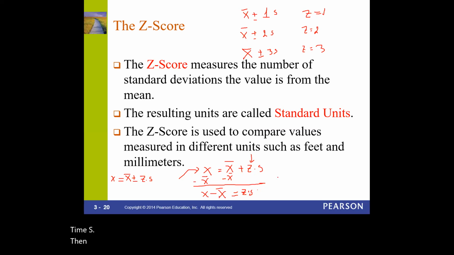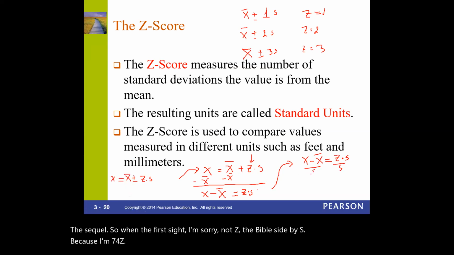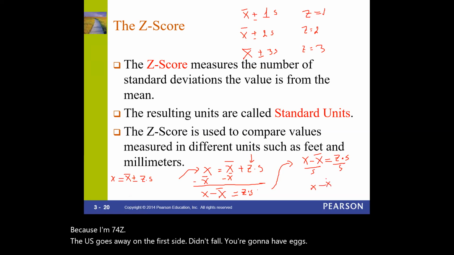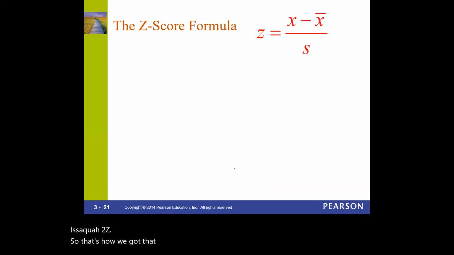Then divide both sides by s, because I'm solving for z. The s goes away on the second side, and therefore you have (x minus x bar) over s is equal to z. So that's how I got that formula. That's why I say it's not new.